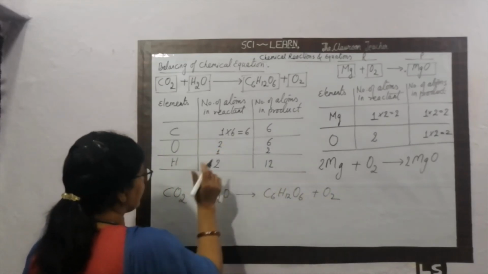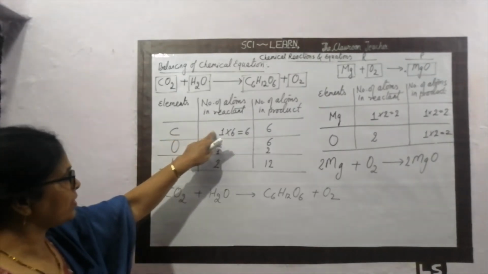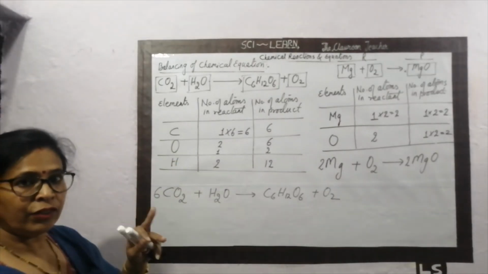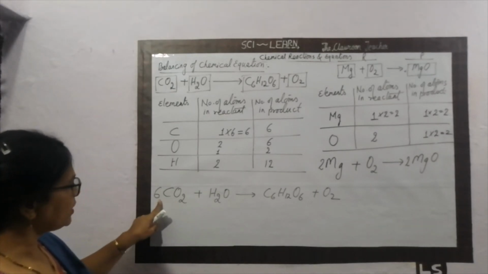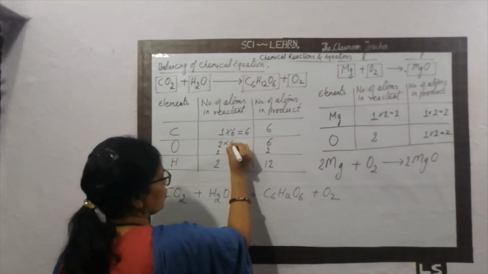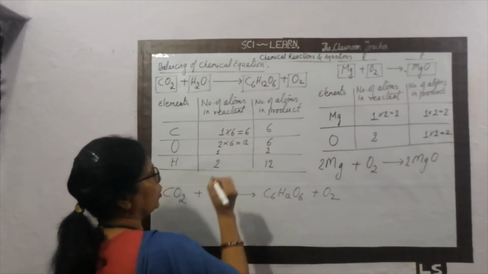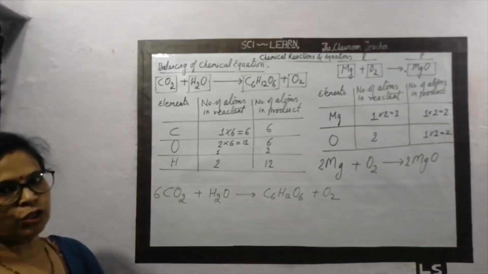I have placed this 6 here, because only one carbon is there, and we know that this 6 is common for carbon as well as for the oxygen. So this 6 is multiplied with this oxygen also. Which oxygen? The first oxygen. What happened here? It gets 12. The carbon number is equal on both sides, but the oxygen number is not equal.